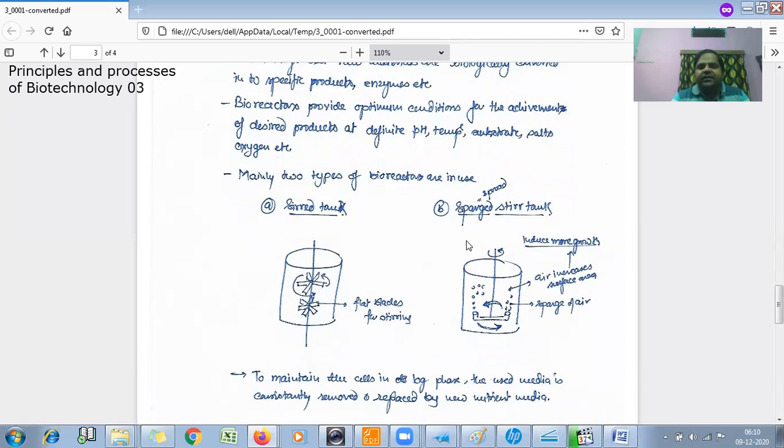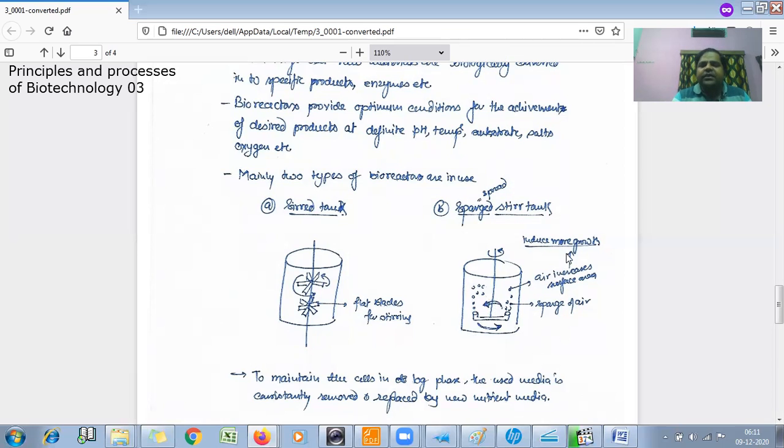And in the case of the sparged stir tank, the same happens. It means we use a propeller here, and this propeller not only rotates clockwise or anti-clockwise to mix the whole system, but it also provides a spark of air.